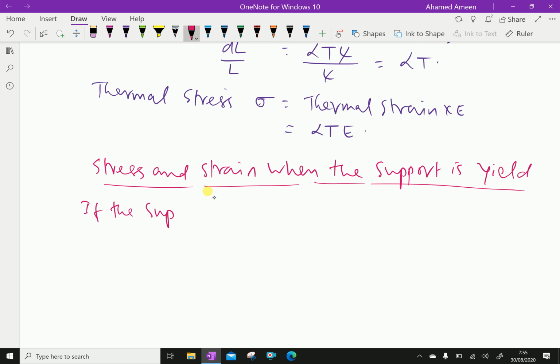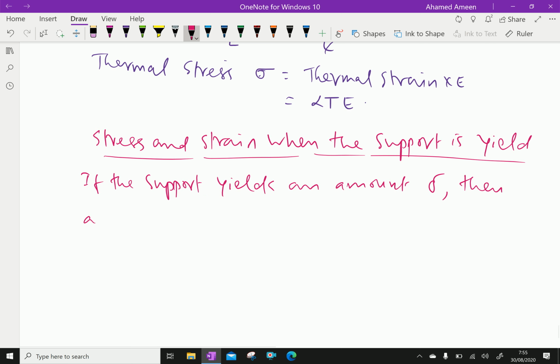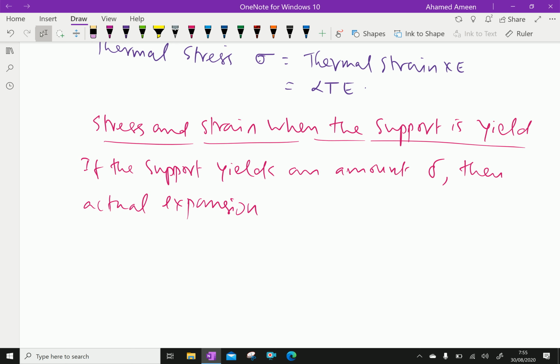If the support yields by an amount delta, then the actual expansion is given by the expansion due to rise in temperature minus delta, that is alpha TL minus delta.